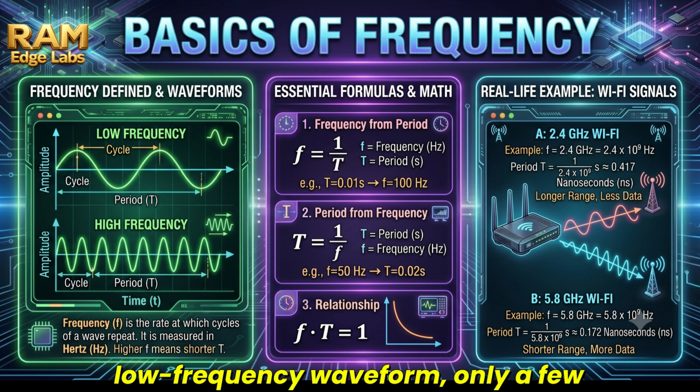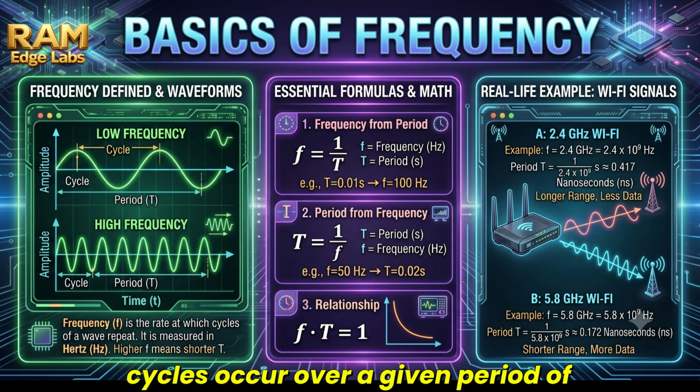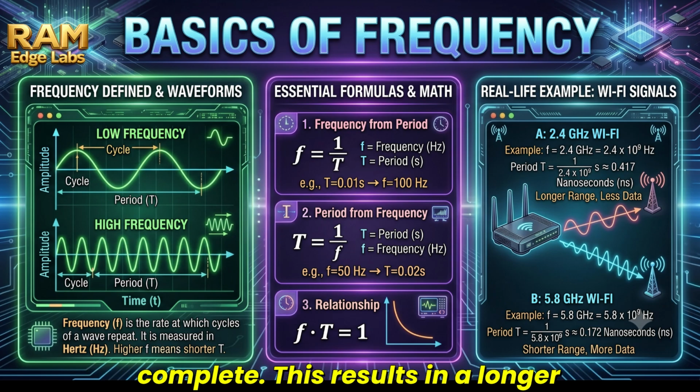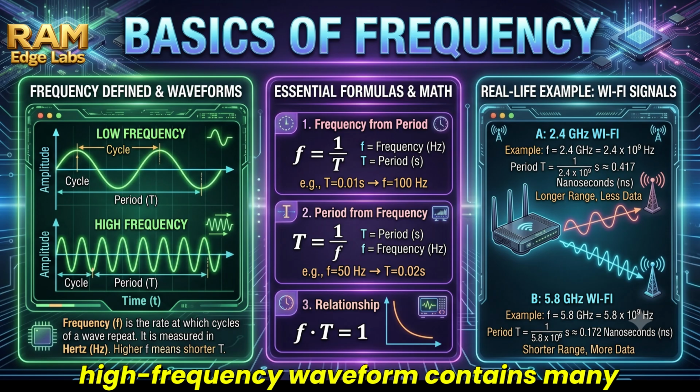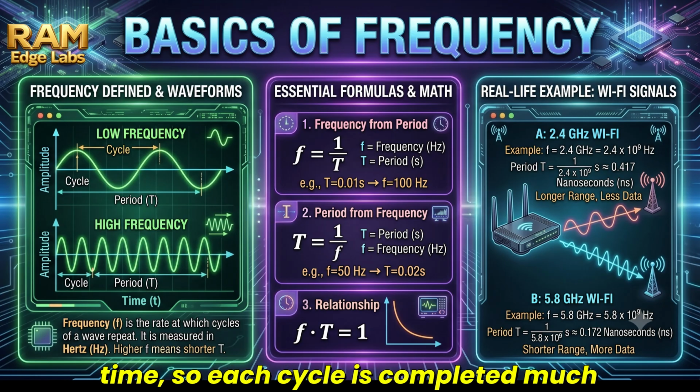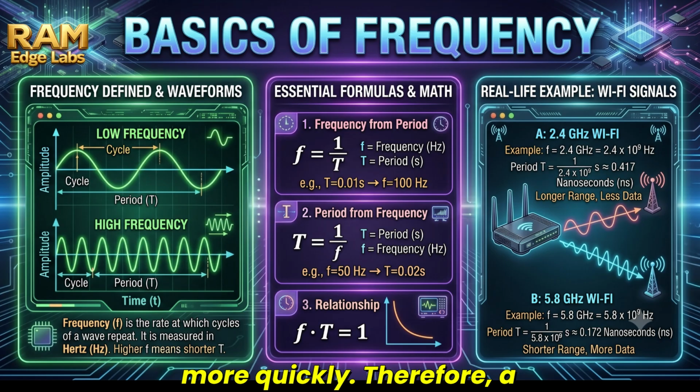In the low-frequency waveform, only a few cycles occur over a given period of time, meaning each cycle takes longer to complete. This results in a longer period, T. In contrast, the high-frequency waveform contains many cycles within the same amount of time, so each cycle is completed much more quickly.